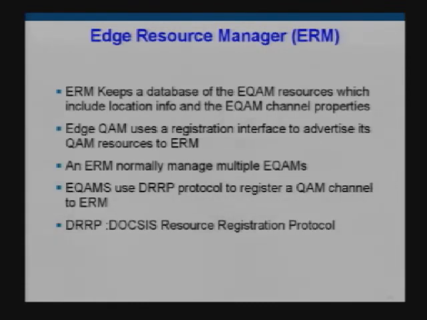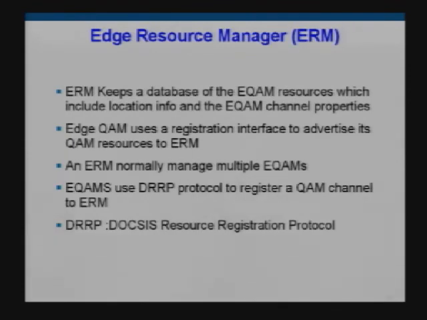So the plant topology information for the cable is available for the CMTS. Based upon the plant topology information, there is something called a service group which identifies all the channels available in a particular plant. If the CMTS intends to add additional resources for a particular plant, it needs to know the service group, and then it provides the service group information and the characteristics of the QAM channel it is looking for. Based upon that data, the ERM database should be able to pick up associated channels and try to reserve them for the CMTS.